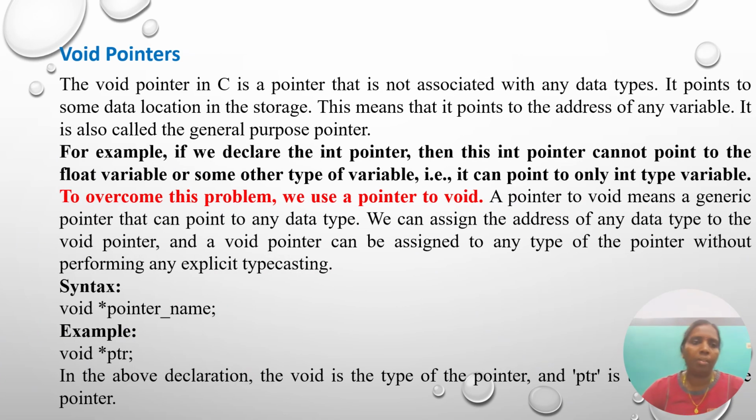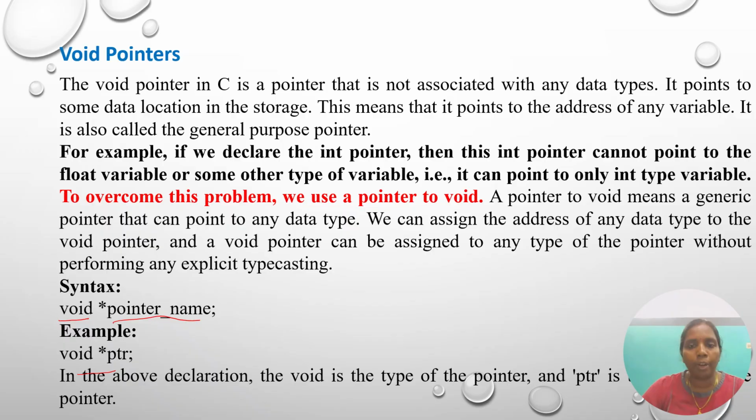So apart from that, we can use void pointers also. Void pointers can be declared using the syntax void *pointer_name. There are different types of declarations, like integer declarations. For example, if we want to declare a pointer as an integer, we can use the type int, and this pointer cannot point to a float variable or some other type of variable.